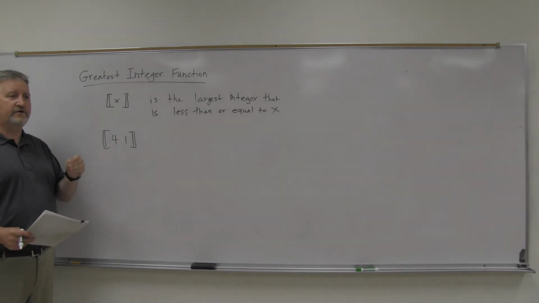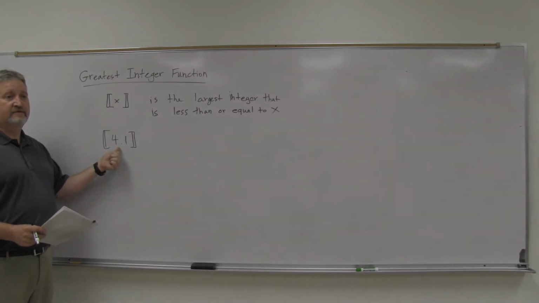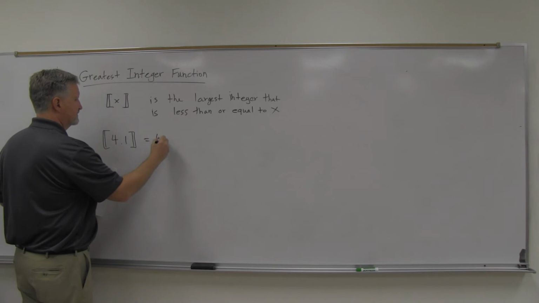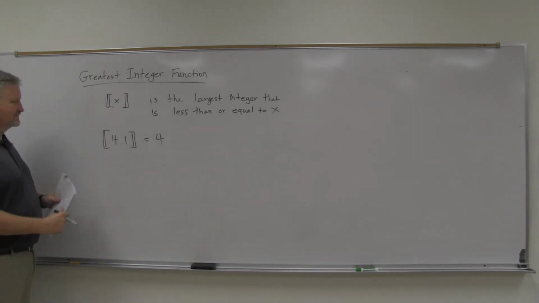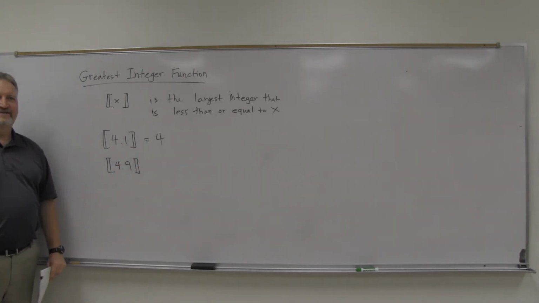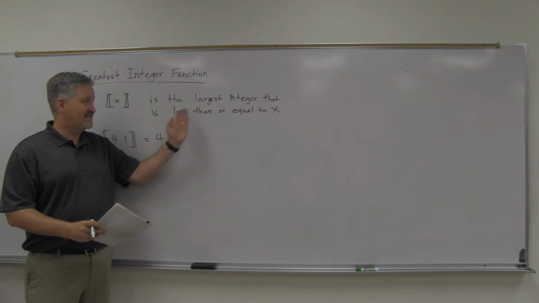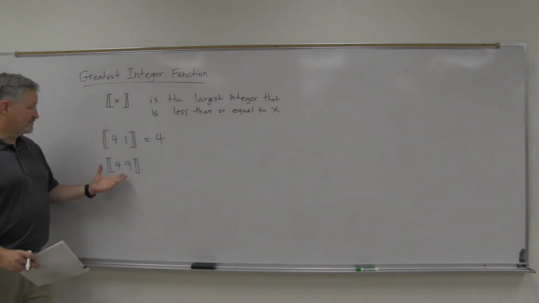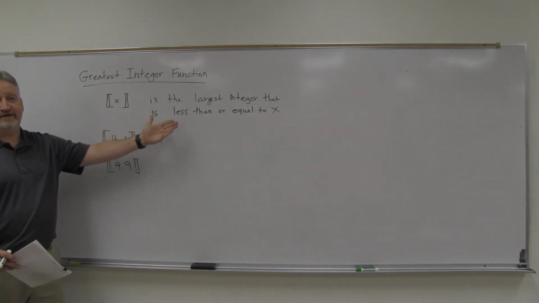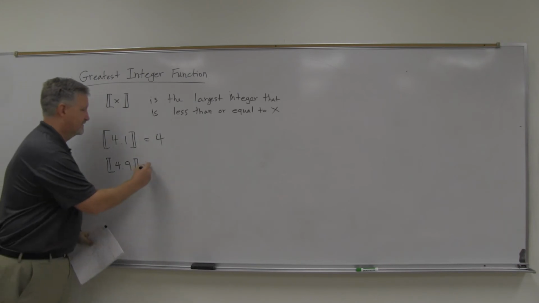But I need an integer that's less than that, and I want the largest one that's less than that. It's going to be 4, isn't it? Easy enough. Now, what if I get closer over there to 5? Is that 5? No. Because I need the largest integer that is less than or equal to x. 5, even though 5 is the closer integer, it has to be less than or equal to x. So the answer there is still 4.